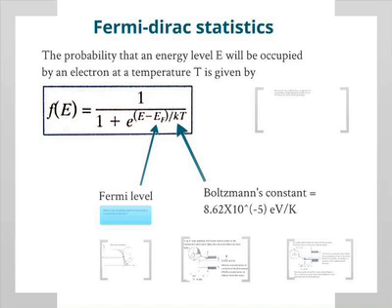On the other hand, if E minus EF is negative, what happens? Let's say the E is less than EF, which is also possible. What happens? The exponent becomes negative, which means you can bring it up to the numerator. The whole thing increases. Which means as the energy level goes below the Fermi level, the probability of it being occupied goes above 50%.